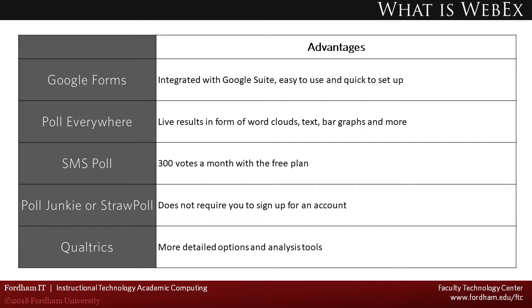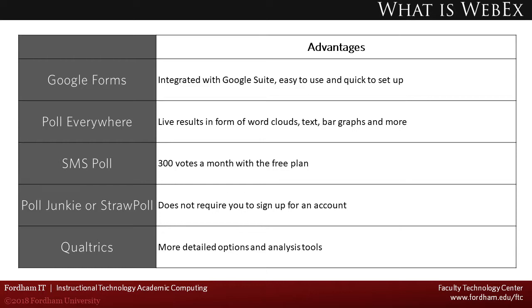So Poll Everywhere, you have to create your own account, but it's definitely nicer on the live part. SMS poll, you get 300 votes with a free plan. That's another tool that's very easy to use, but no bells and whistles with that one.